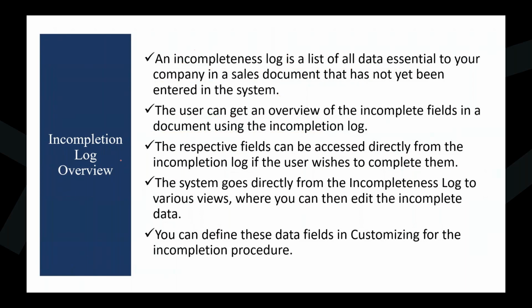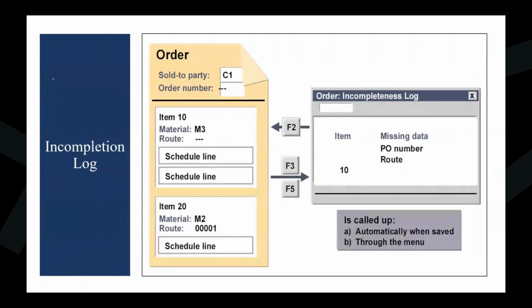So let's go to the system. Suppose the user is creating an order. Normally he will enter the sold-to party and also the customer reference number, the customer purchase order number. Suppose he forgot to enter this, which is very important. Also in item 10 a route needs to be entered, and let's say this route is not available.